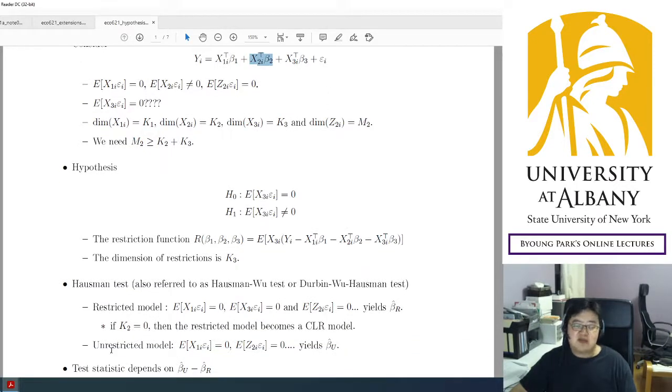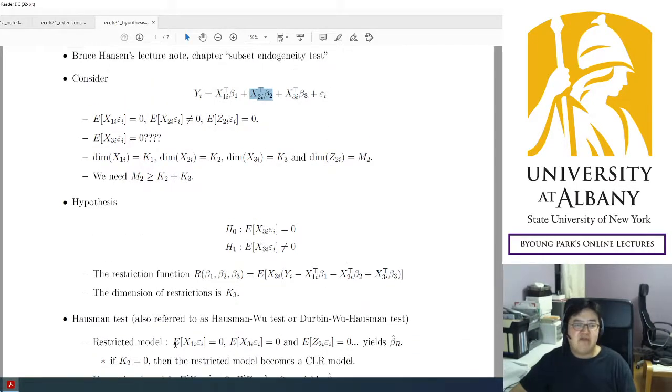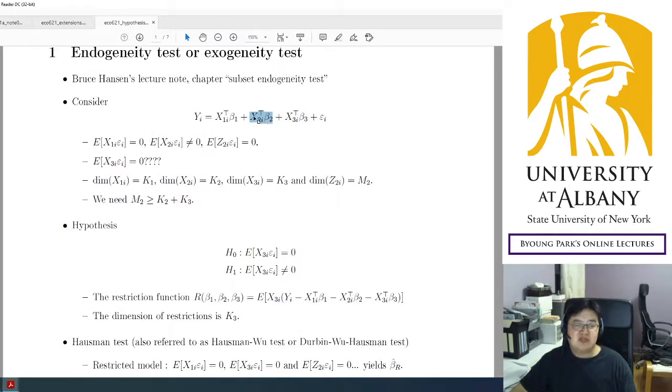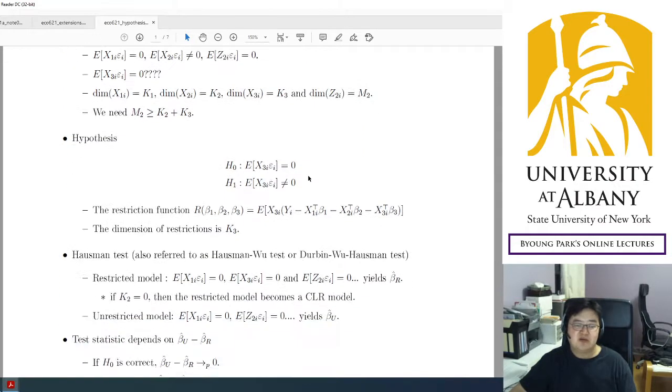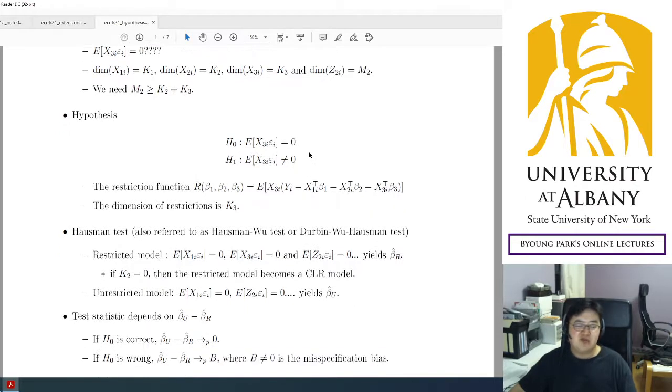On the other hand, the unrestricted model has endogenous variables in x2 and x3 at the same time. So z2 must instrument for x2 and x3 at the same time. It's simple. Both are identifiable, estimable. You know how to do that, and you know what their limiting distribution is.